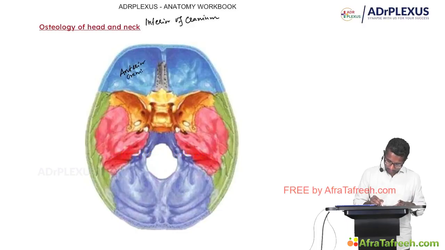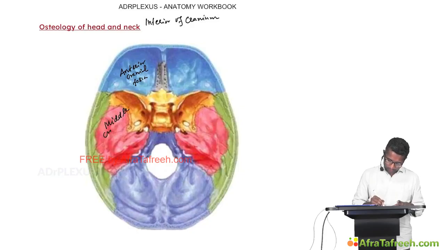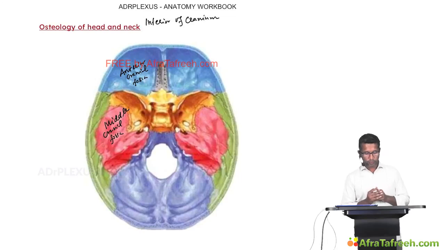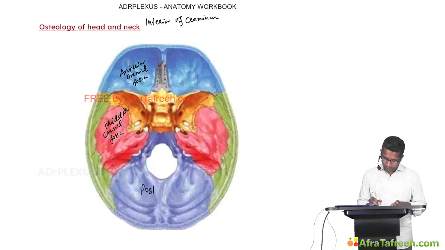The fossa you see here is the middle cranial fossa. And the larger fossa, seen on the posterior aspect, is called the posterior cranial fossa.